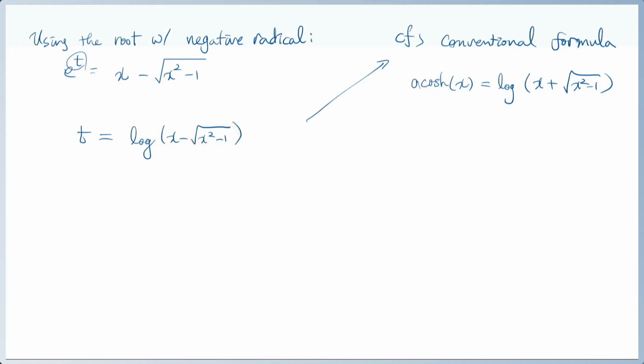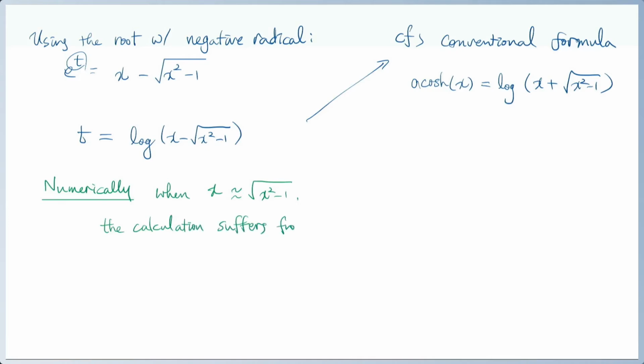So we see numerically that when x is close to root x squared minus 1, when these two are close to each other, the calculation suffers from catastrophic cancellation.